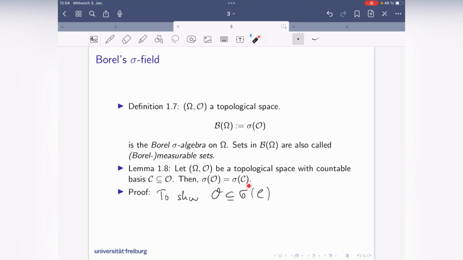When I have proved this, which is pretty clear from the definition, I have sigma of O subset of sigma of C, which means I've used that the sigma operator is monotone, in the sense that if I have a set which is a subset of another set, and I write sigma in front of this, it's still smaller.